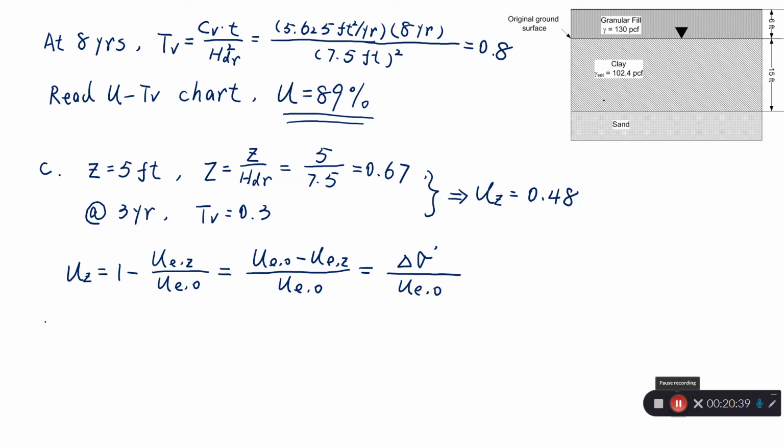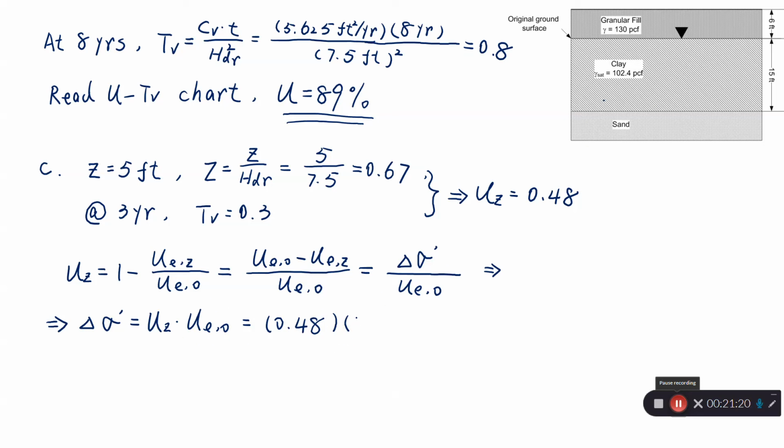So that means I can calculate my effective stress increment. It equals UZ times UE nut. So UZ is 0.48 and UE nut is the load increment caused by the fill.